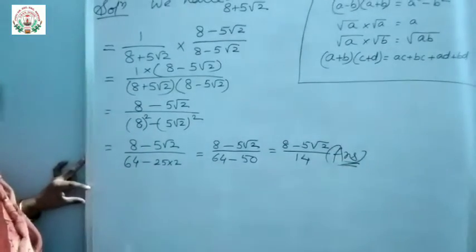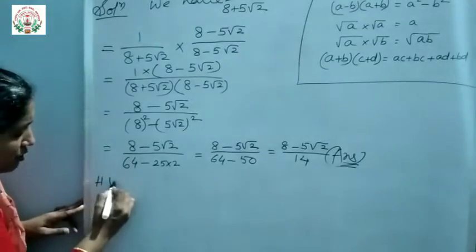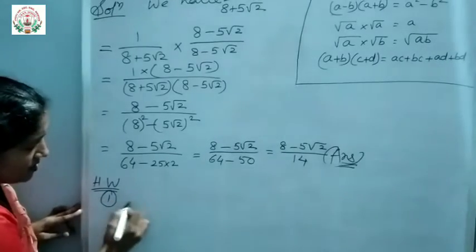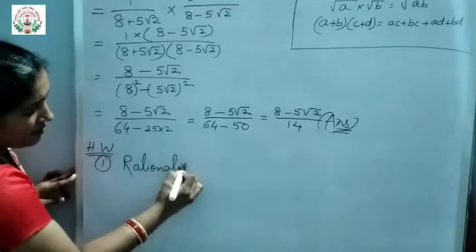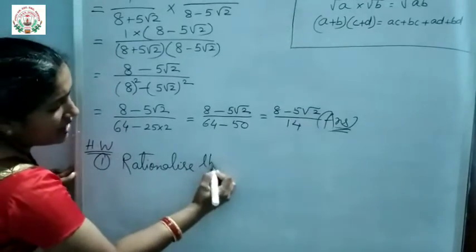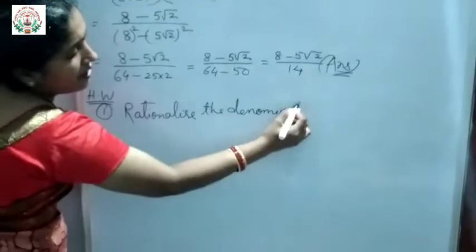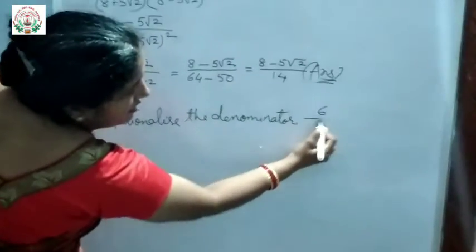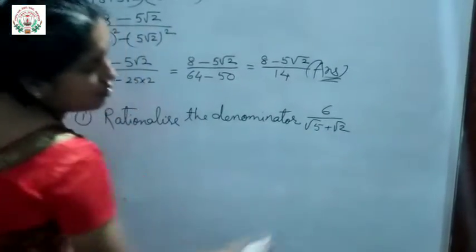Clear? Clear children? Now I am giving you homework questions. Okay, solve these. First question: rationalize the denominator of 6 upon root 5 plus root 2.